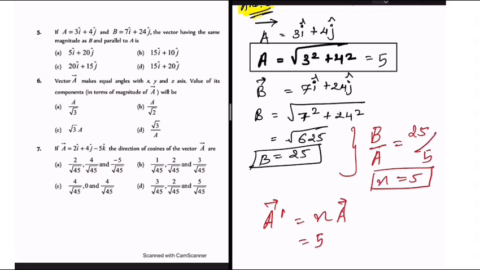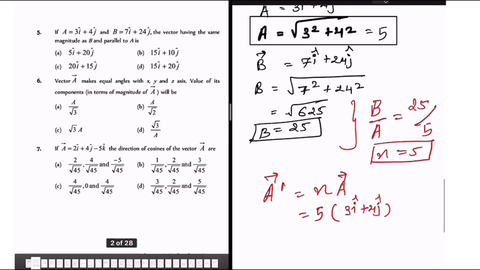So 5 into A. What is A? 3i cap, 4j cap. Your answer is 15i cap, 20j cap. Which one is your answer?